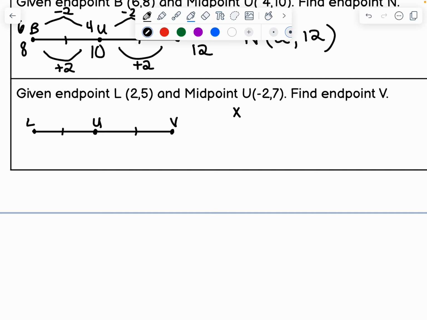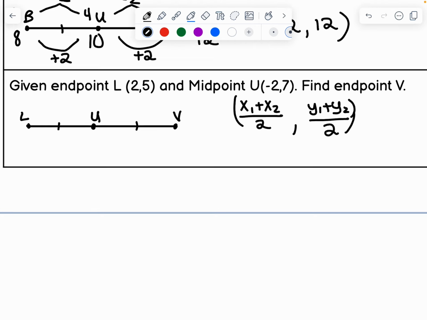So, our midpoint formula says (x1 plus x2) divided by 2 and (y1 plus y2) divided by 2.